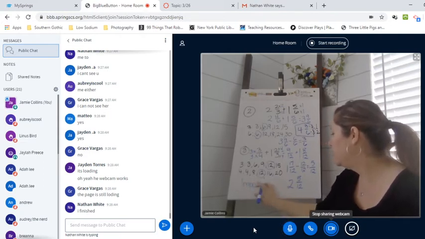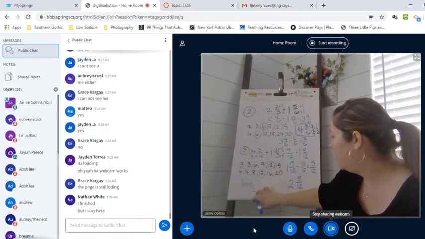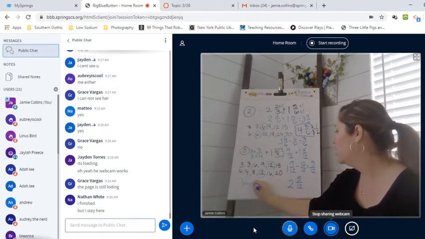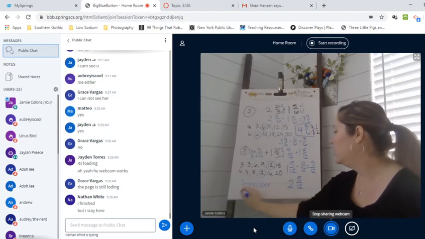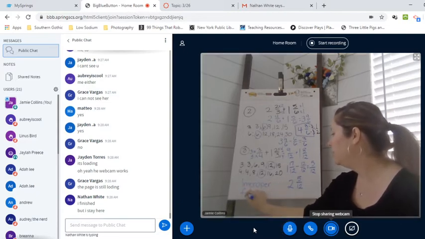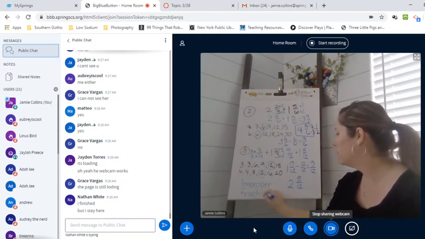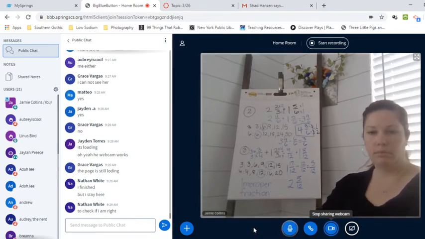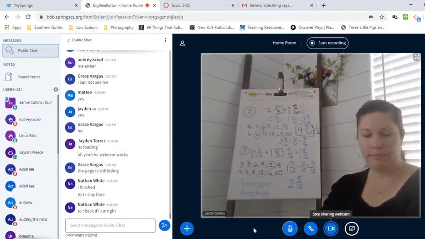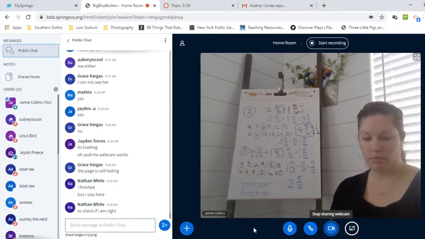Improper, whoops, no O. I have to do an R first. Fraction. Can you see that, Linus? Kind of. I can see it just fine, though. Okay, good.